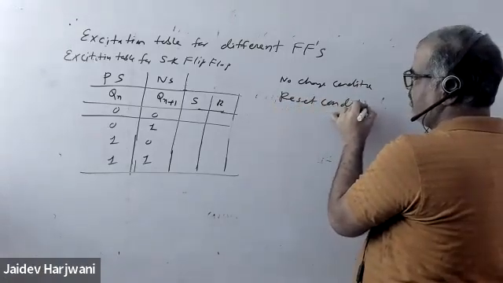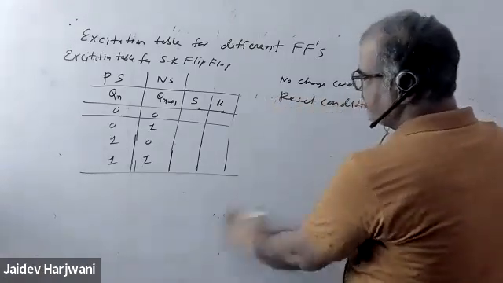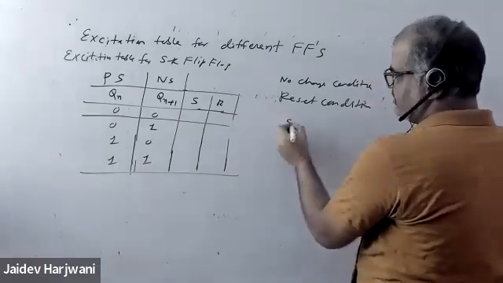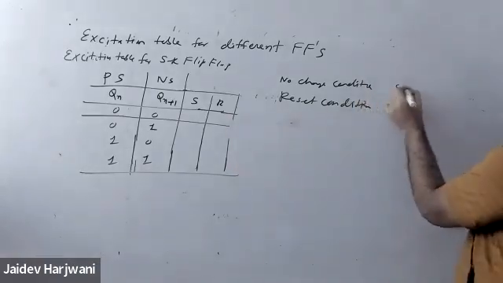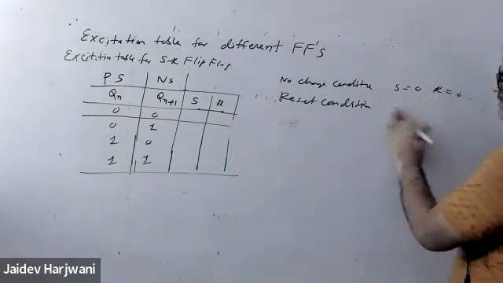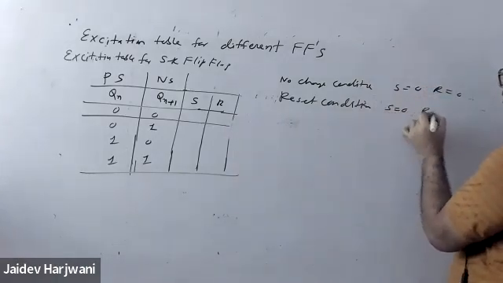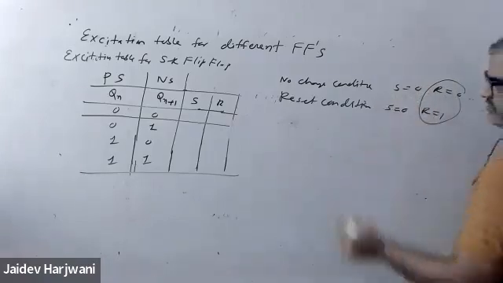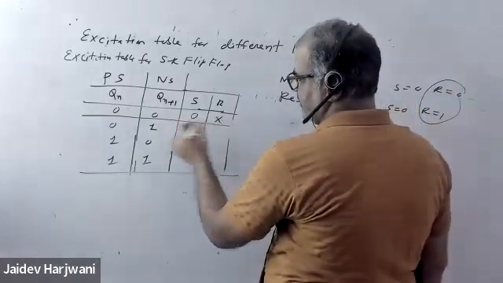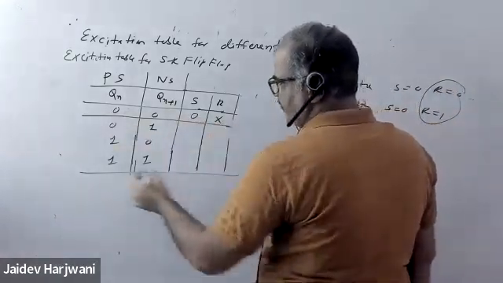No change condition is S0, R0, and reset condition is S0, R1. So R is varying, S is fixed, so you can write 0x. We have already done this one, so you just have to remember.